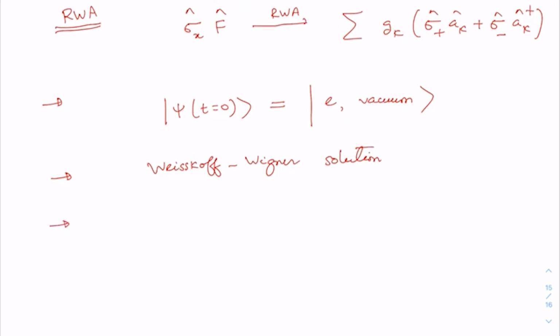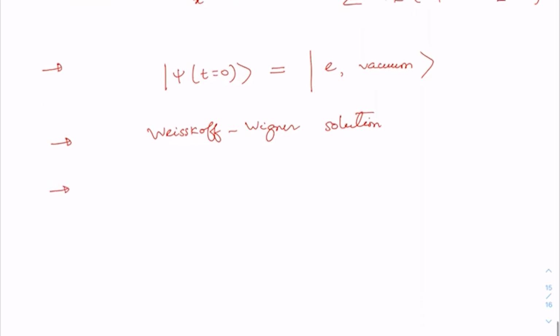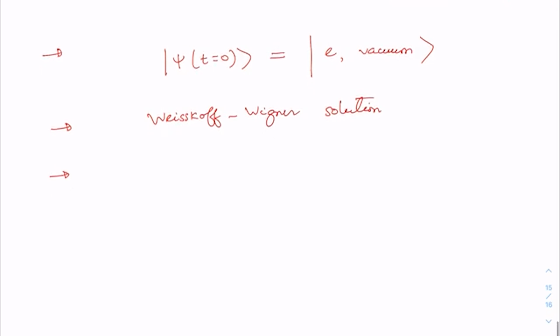We will not go into the details of the calculation, but I will just tell what they have done. The probability of getting the atom in the excited state and the field modes in the vacuum state can be calculated at some arbitrary time t.